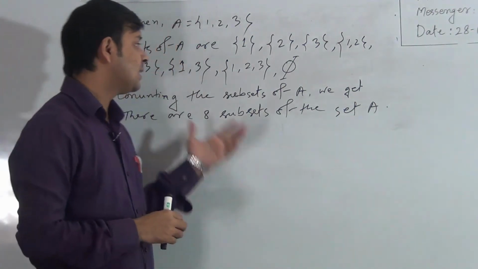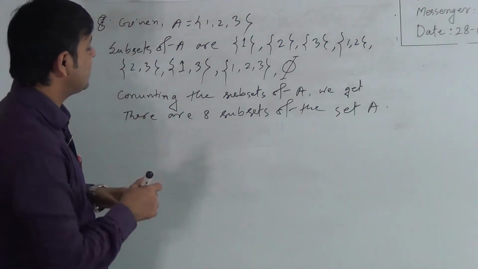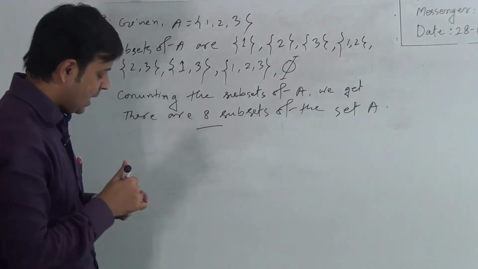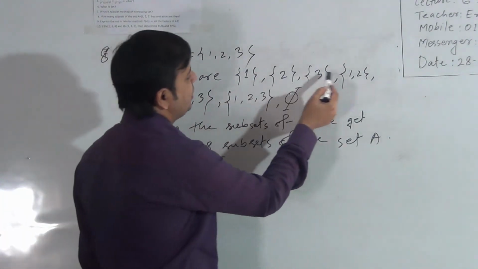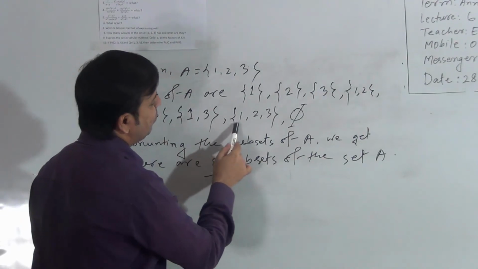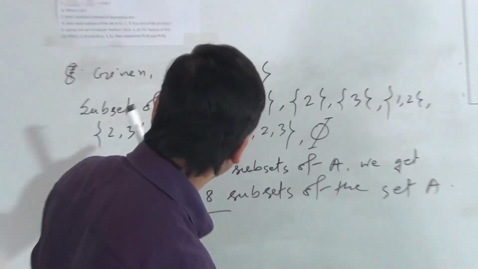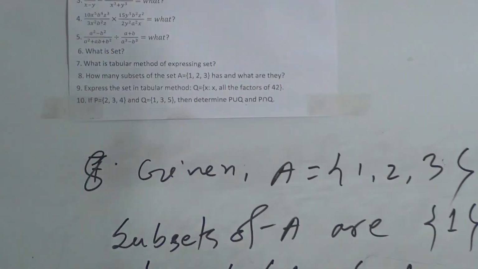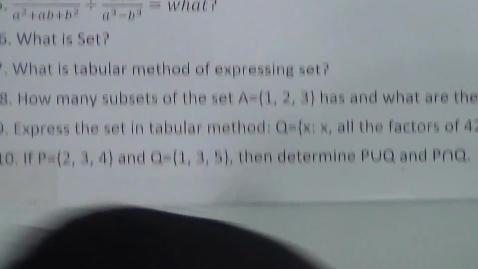Okay, dear students, this is the solution of question 8. Here the first part is how many subsets? The answer is 8 subsets. And what are they? The subsets are {1}, {2}, {3}, {1, 2}, {2, 3}, {1, 3}, {1, 2, 3}, and the empty set. Okay, dear students, this is the solution of question 8. Now I will write question 9. Okay, now see question 9.